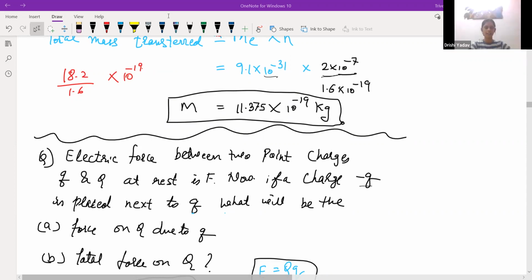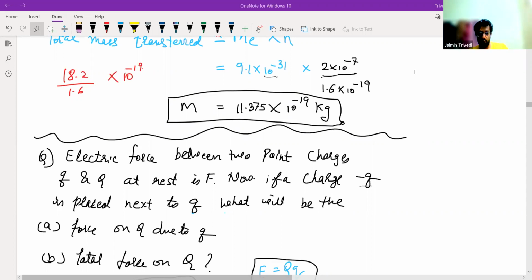Sir, I didn't really get the question. Like the negative charge is placed on the same point as next to Q? So is there a distance between Q and minus Q?